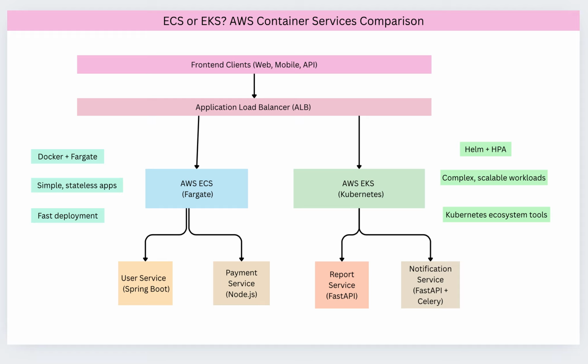We used Kubernetes Horizontal Pod Autoscaler or HPA to scale pods based on CPU, memory, or custom metrics. For monitoring and logging, we integrated Prometheus and Grafana directly into our clusters.